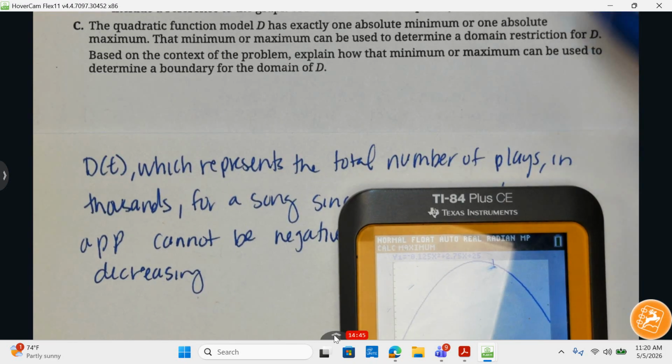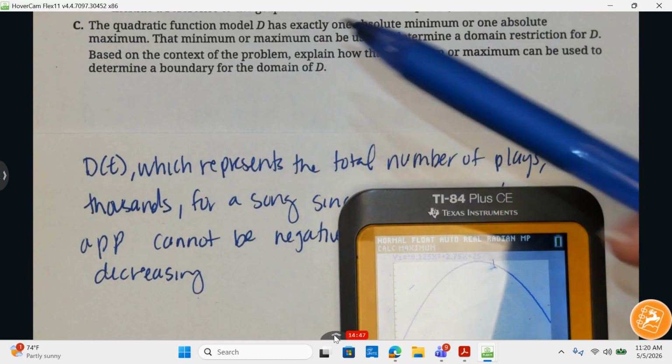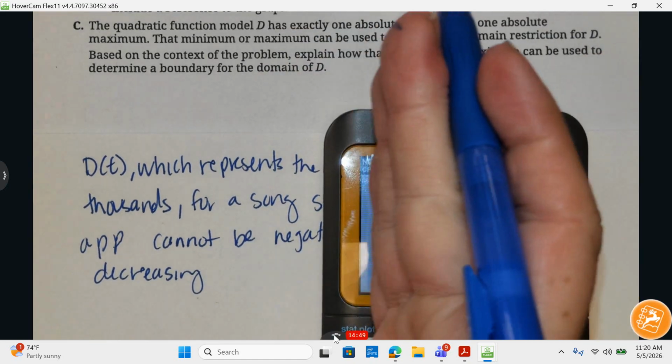In this problem we're asked, is there a boundary in the domain? That means that it goes up to what point?